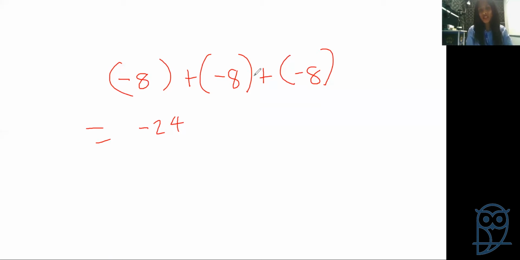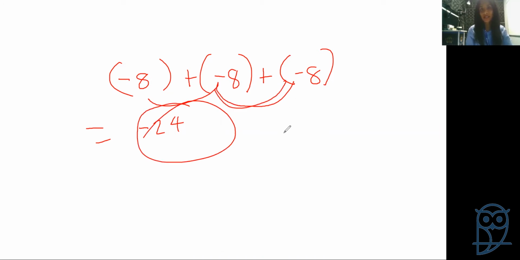Why would it be -24? Because what I'm literally saying is 8 plus 8 plus 8. 8 plus 8 is 16, plus 8 is 24. Does everybody understand that? And because they're all minuses, and we know a minus and a positive will still give us a negative, it will be -24.